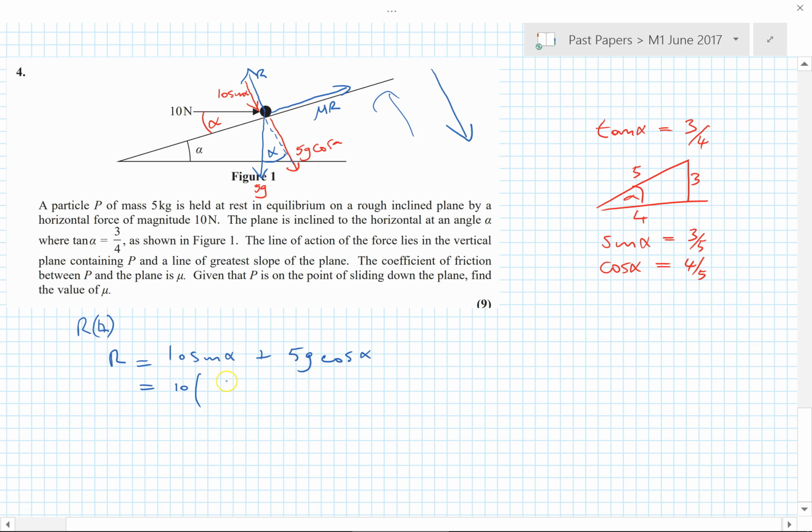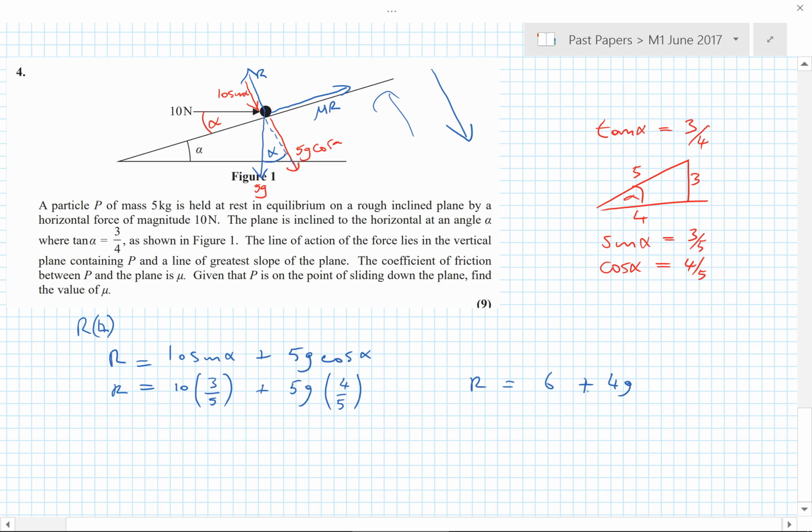Don't work too much out, just show what the resolving equation is without simplification. So that's 10 times 3 over 5 plus 5g times 4 over 5. So that gives me R equals 6 plus 4g.